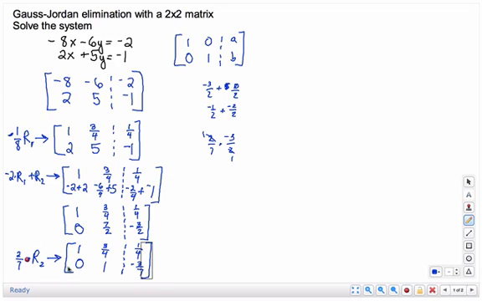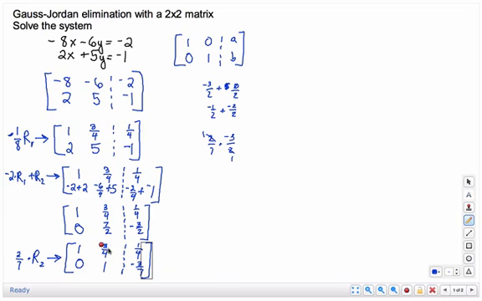Now we're almost done. So we've got our 1, our 0, or 1. We need to convert this to be 0. Okay? So if we want this to be a 0, we need to add a negative 3/4 to it, which means we need to manipulate this second row here to be a negative 3/4. And we can do that by multiplying. Since this is a 1, it makes it a little easier. We're going to multiply this second row by a negative 3/4.